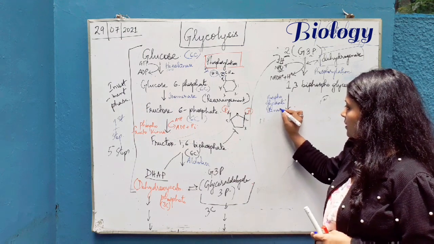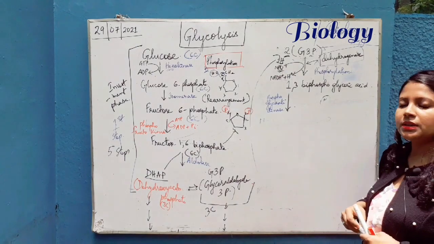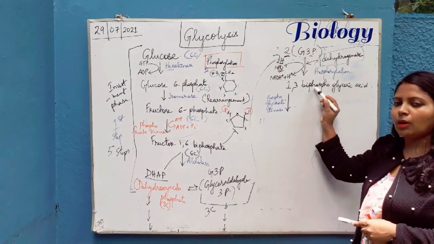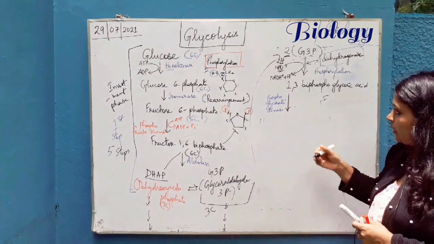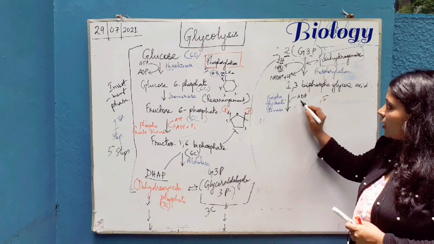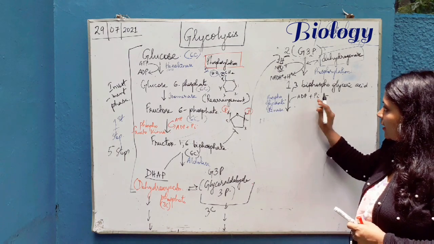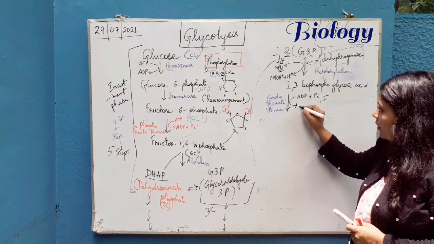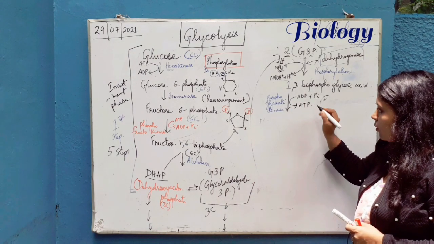So, this phosphoglycerate kinase will help to pick up the phosphate from this compound and transfer it to ADP. Now the phosphate has been added with the help of the enzyme, and now the ATP has been formed.